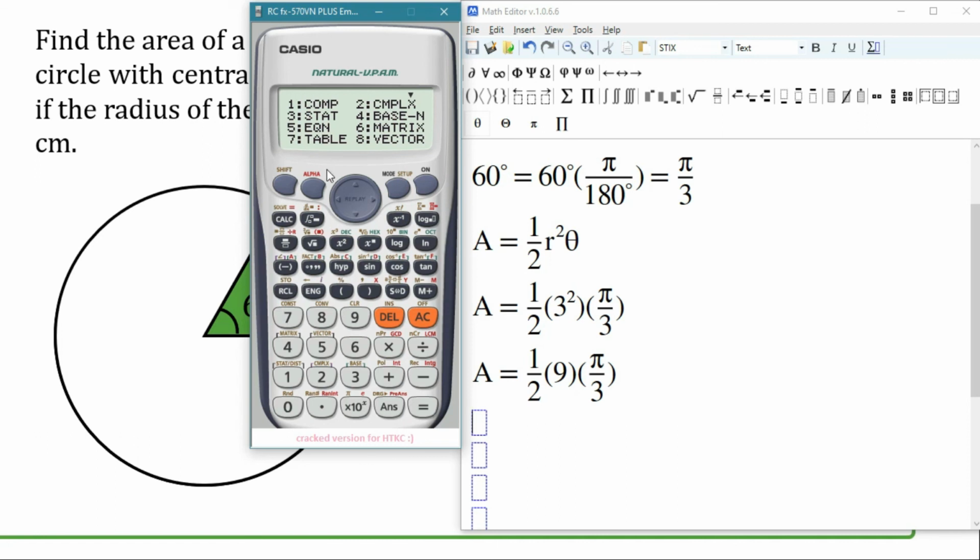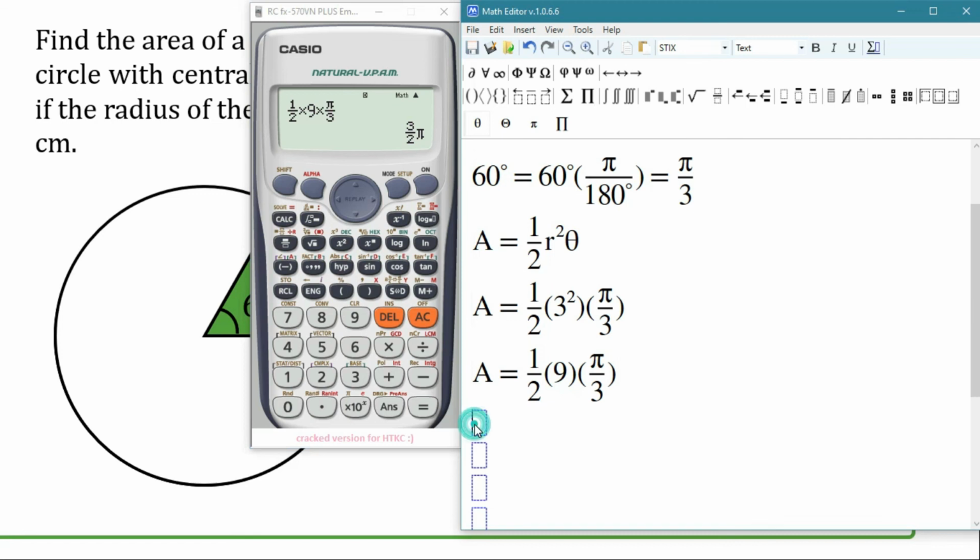Again, that is 1/2 multiplied by 9 multiplied by pi over 3. All right, so the area of the sector is equivalent to 3/2 pi, or 3 pi over 2. Again, that is 3 pi over 2.